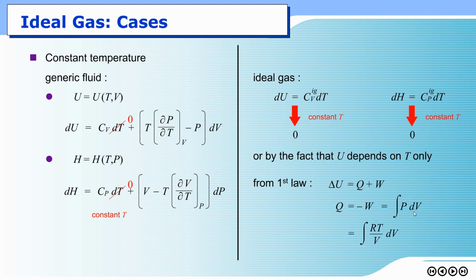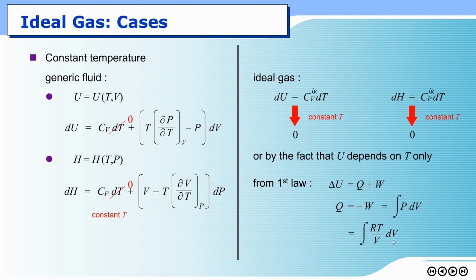Using the ideal gas law, this pressure can be rewritten as RT over V. The reason that we need to convert pressure to this group is because we need to describe this pressure as a function of volume before we do the integration. So if we change pressure to RT over V, in this case temperature is constant and can be taken out of the integration, leaving only 1 over V dV.